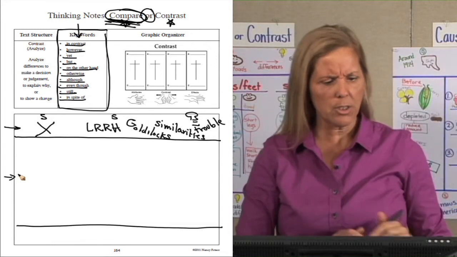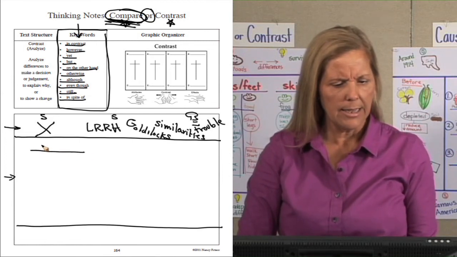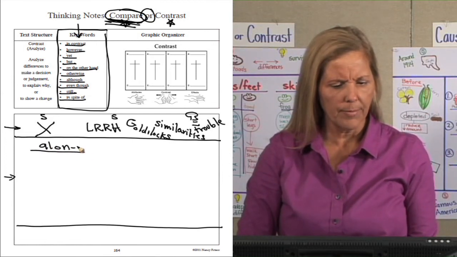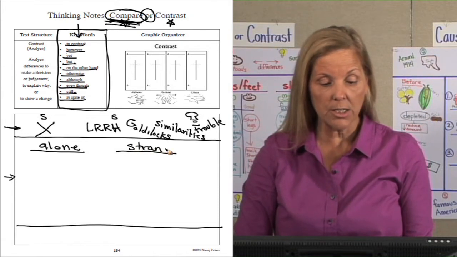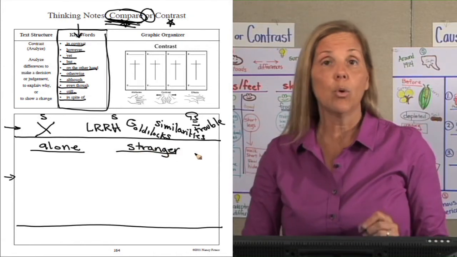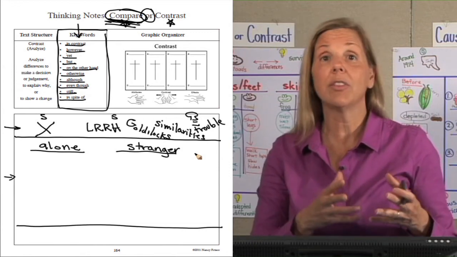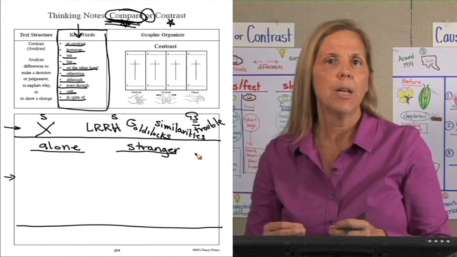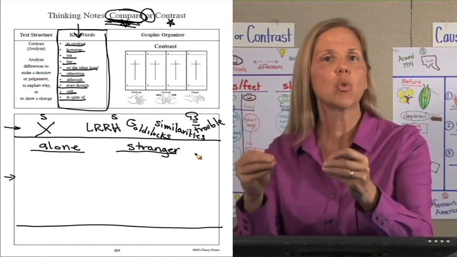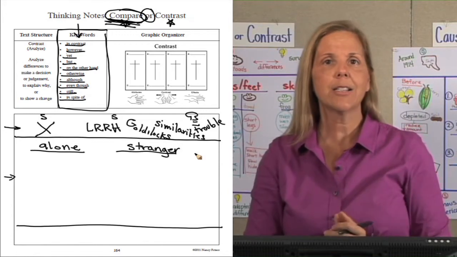Name those attributes. One is they were both alone. The other was they were both dealing with strangers in some way or another. So one may have been dealing with the actual stranger, the other with their home, but it was dealing with something strange, the unknown. Excellent.